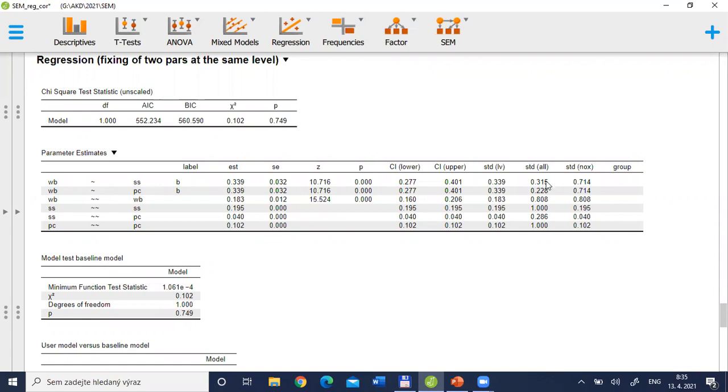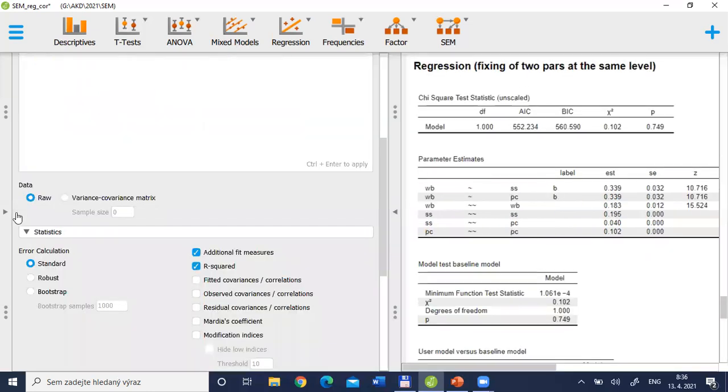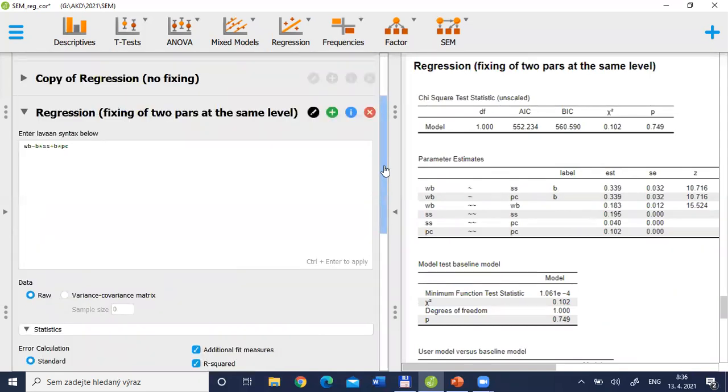If I would like to use the standardized version of the coefficient, the interpretation would be: if I add one standard deviation of social support, I would get an increase of approximately 0.3 standard deviations of well-being. So this is the interpretation in standard deviations. This is the interpretation in original units, the same style as for classical regression. So that's regression and the style of fixing and evaluating real examples through structural equation models.